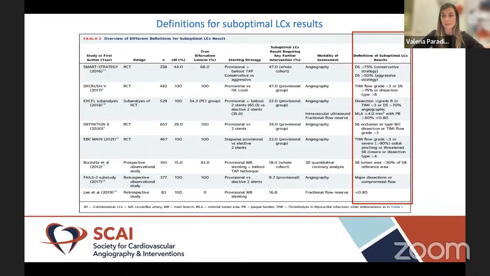And you can see here that among all the studies, randomized controlled trials and registries, the definition of suboptimal result for the circumflex requiring, per protocol, the implantation of a second stent is quite different, ranging from angiographic determinants to intravascular determinants and physiological assessment.